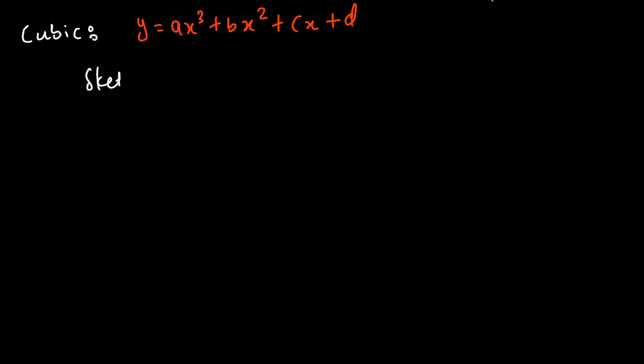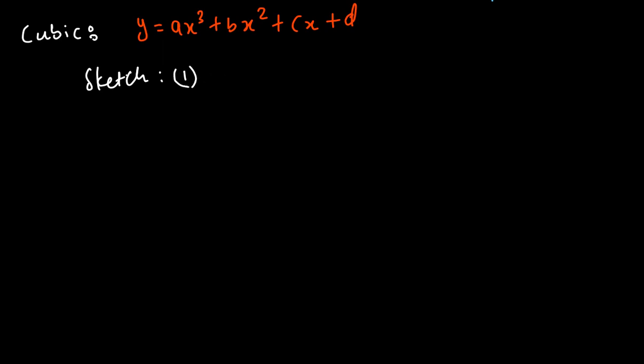So now that you know that, remember that the general formula is y equals ax cubed plus bx squared plus cx plus d. Now we need to know this cubic function. How do we sketch it? To sketch a cubic function, you don't need a lot of things. You just need 3 things.